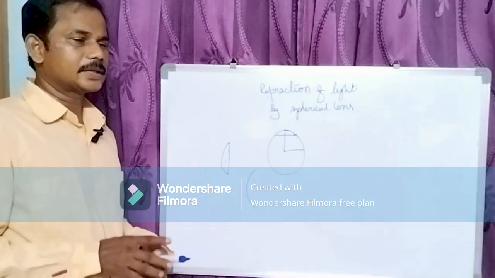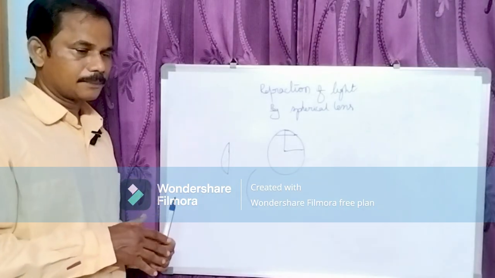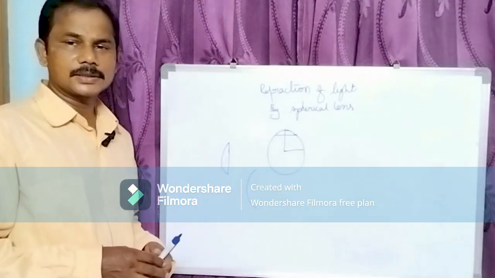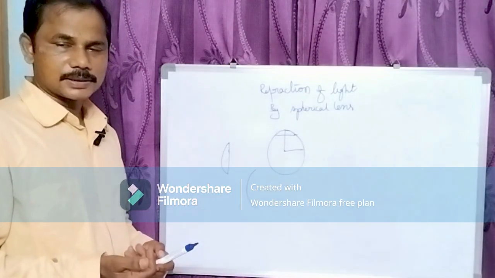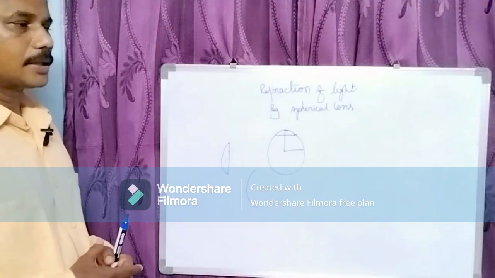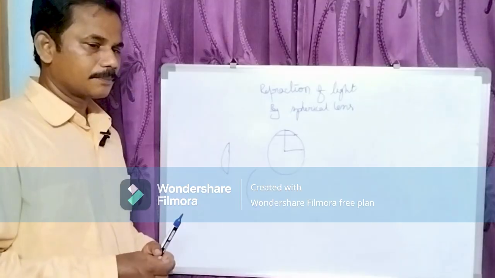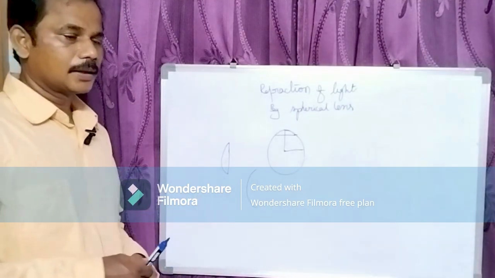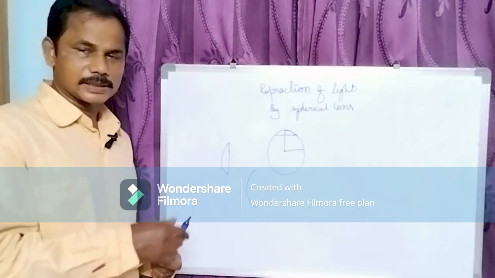Simply, there are two kinds of spherical lens. One is convex lens, another one is concave lens. What is meant by the convex lens? If you hold the lens with your fingers, you can sense the middle part is bulged.